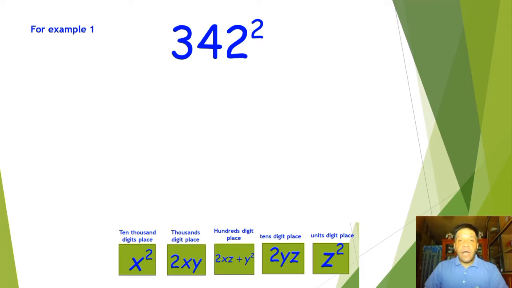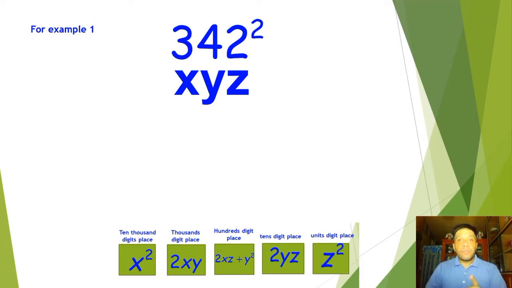In this case, we have 3 for X, 4 for Y, and 2 for Z. In other words, the 3 is our hundreds place value, the 4 is the tens place value, and the 2 is the units place value.